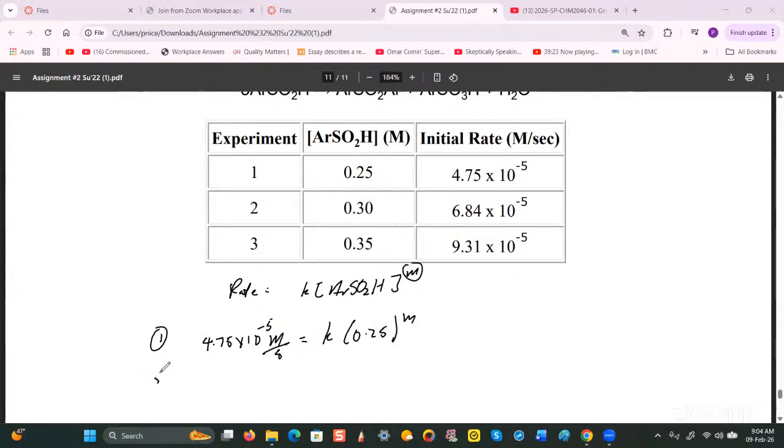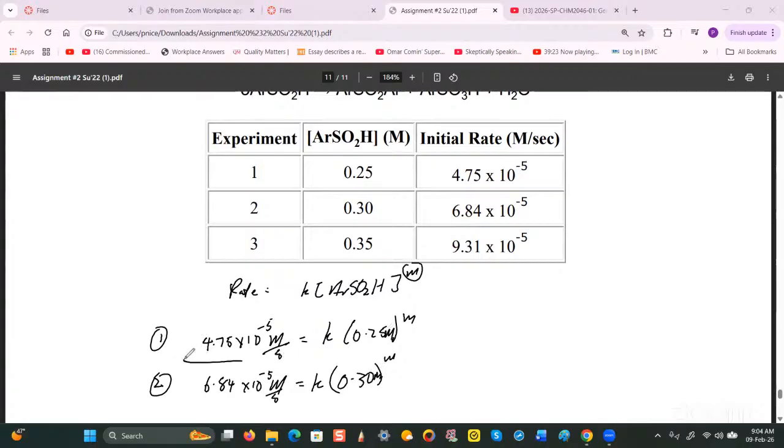And then for experiment 2, 6.84 times 10 to the minus 5 M per S is equal to K times 0.30 raised to the M. And by the way, these should be molarities here and here.